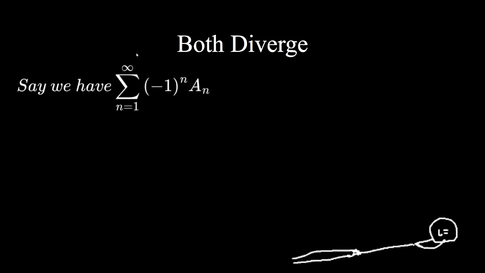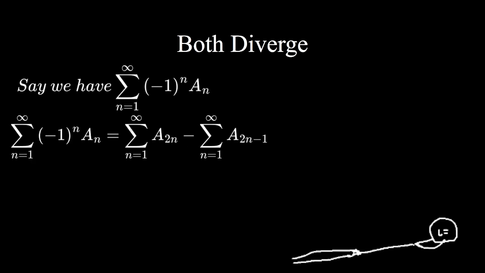So our final option: both diverge. Again, say we have the alternating series. We decompose it, and then we would have infinity minus infinity. Both subseries diverge. Okay, so that does work. Infinity minus infinity can boil down to a finite number.